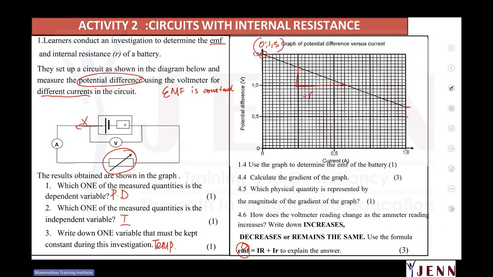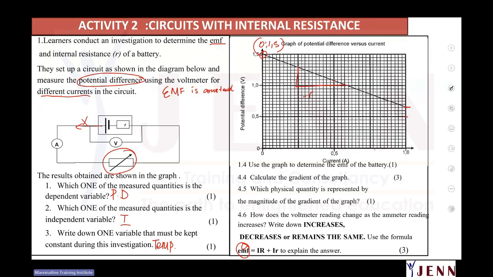As potential difference increases, does current increase? Yes, current also increases, but they are moving in opposite directions. As we increase our current, potential difference is decreasing. You can see it decreased. So they're inversely proportional.